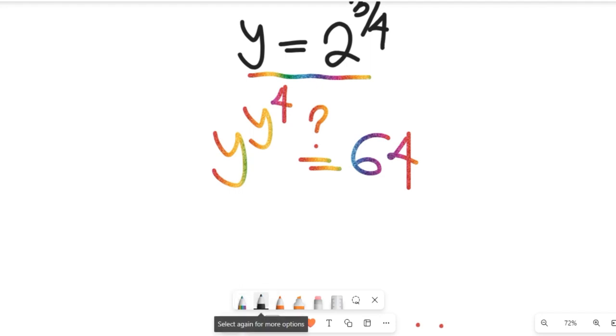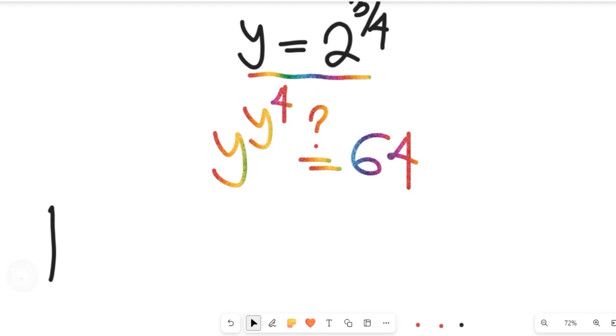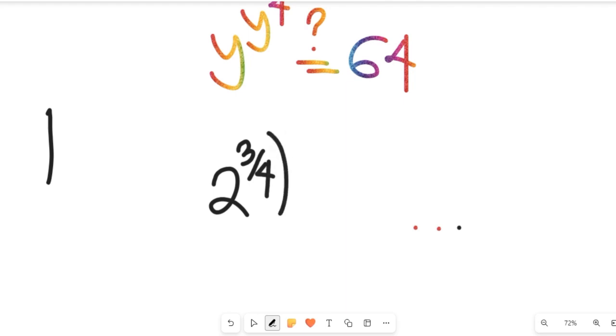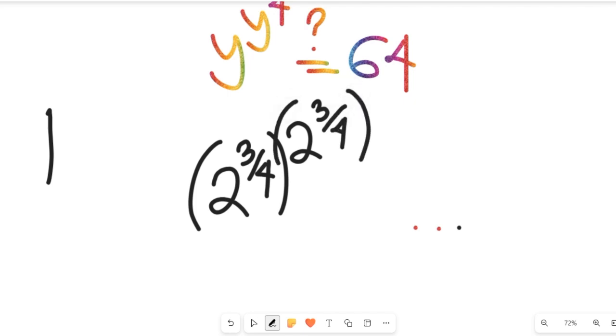Now let's do that. That expression will give us 2 to the power of 3 divided by 4, all to the power of 2 to the power of 3 divided by 4, and that will be to the power of what? Of 4, right? According to the law of indices, this will multiply this.